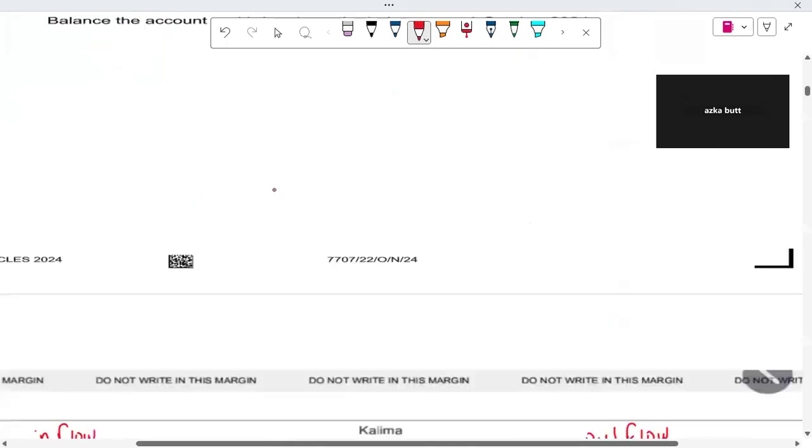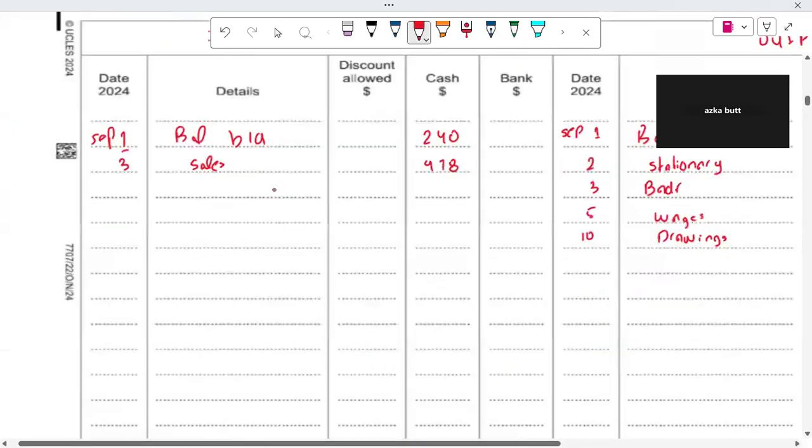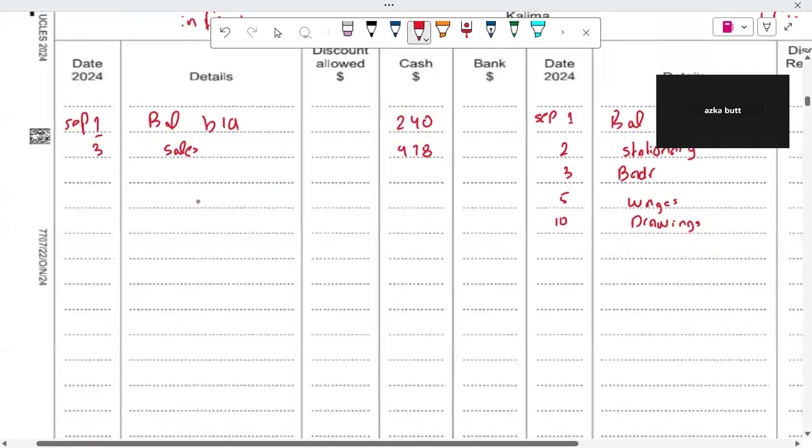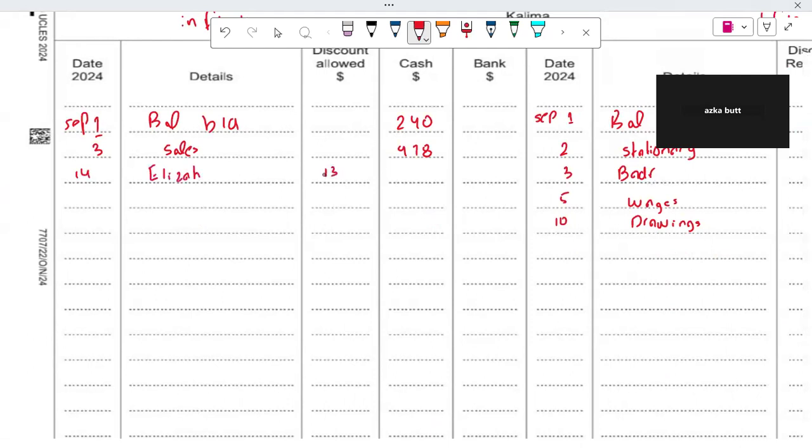You need to write it here because we allowed discount to Elizah. It means that Elizah paid us $507. If you subtract 13 from 520, 507 is the answer you get from Elizah.